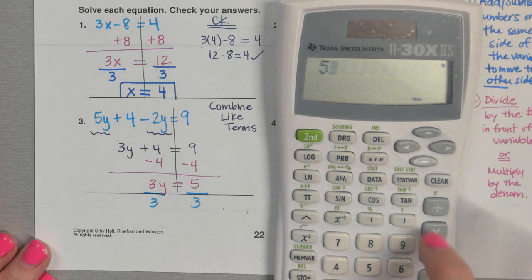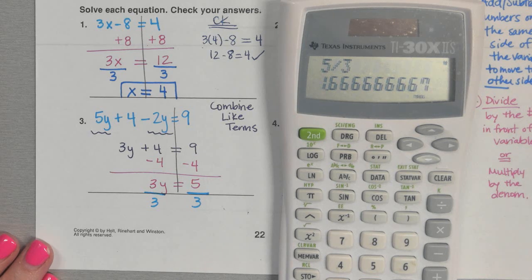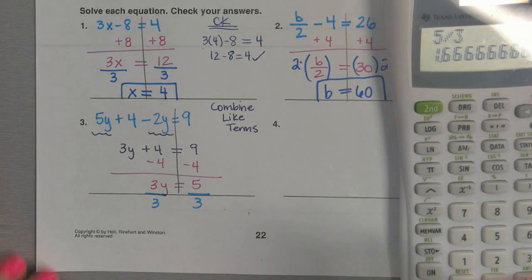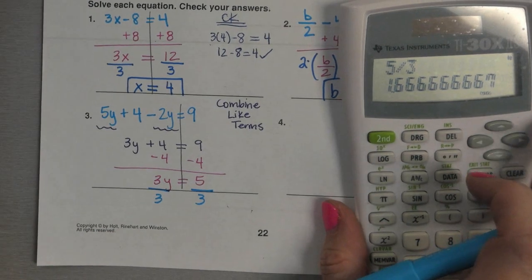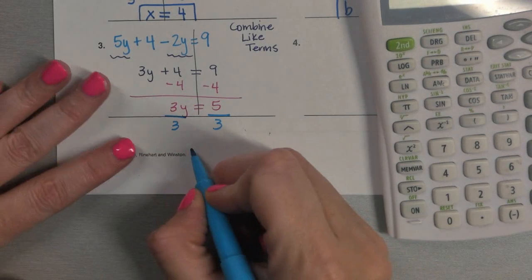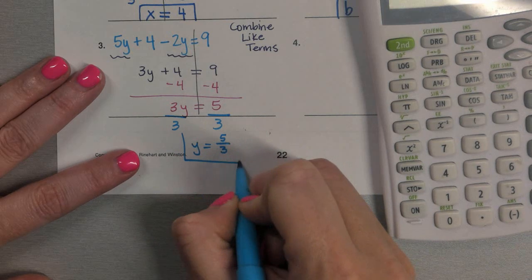If you do 5 divided by 3, is that a nice number? Nope, it's a decimal that goes on forever, right? If you have a long decimal, you're going to leave it as a fraction. So I want you to write your answer as 5 divided by 3.